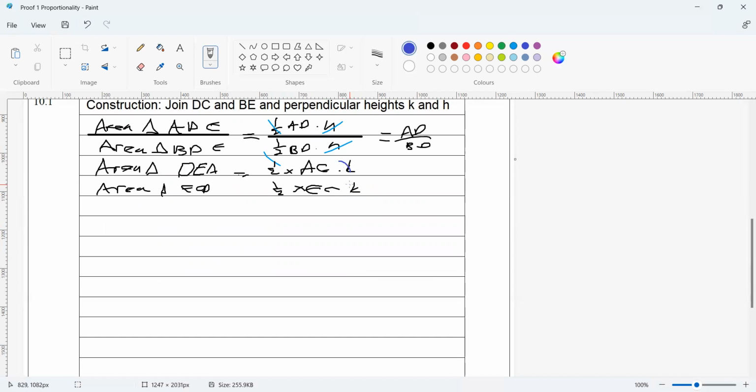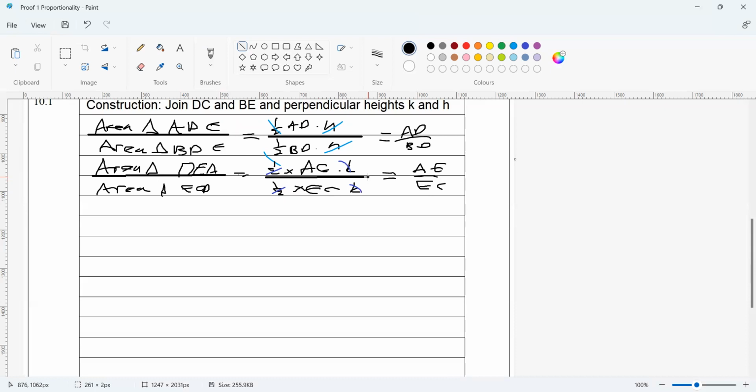The K's can cancel and the halves can cancel, and we are just left with AE over EC. It looks like we're progressing well. We're getting all the information that we need for our proof, and we just need to somehow link them.